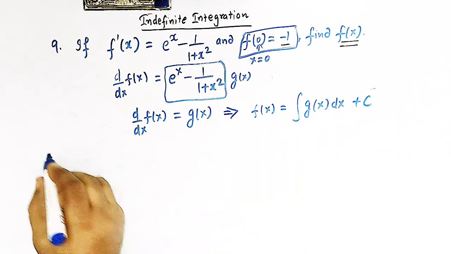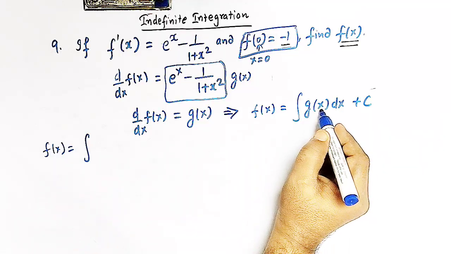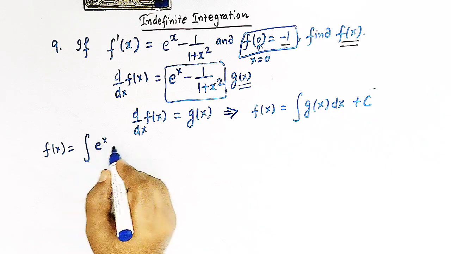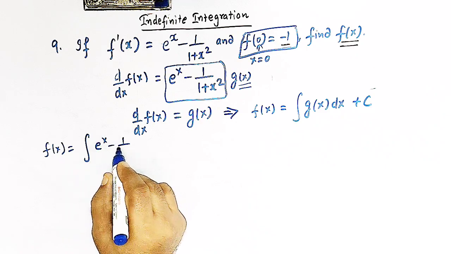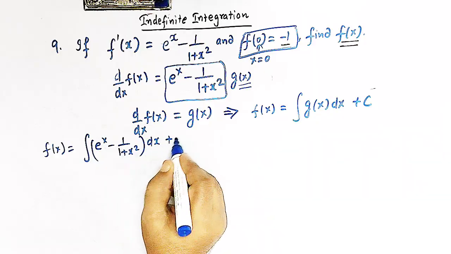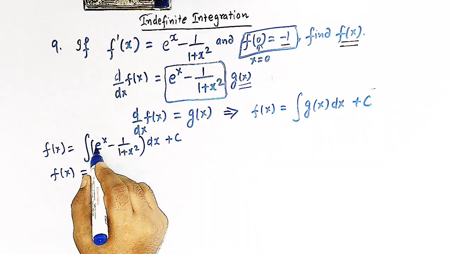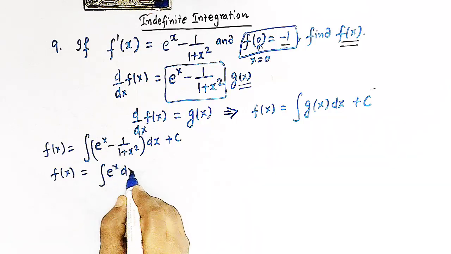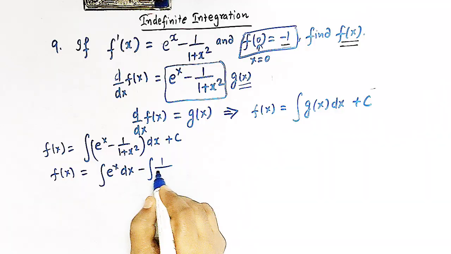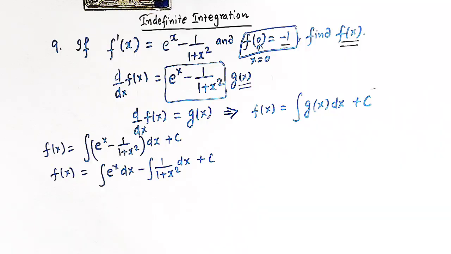Now we can write f of x is equal to the integral of g of x, and g of x is given by this function. So we have e raised to x minus 1 over 1 plus x square dx plus c, and we can now write f of x is equal to integral e raised to x. First we write this integral, then we have 1 over 1 plus x square dx and c, right?